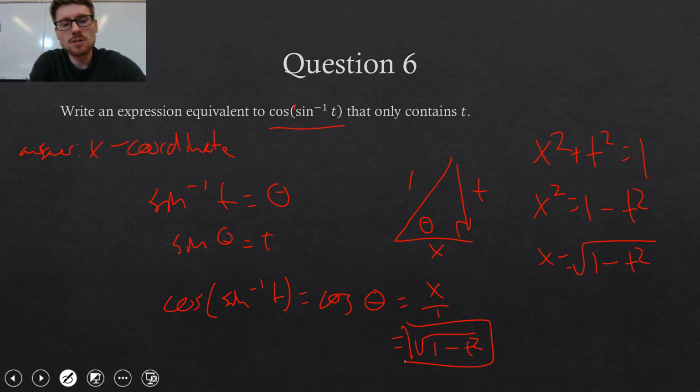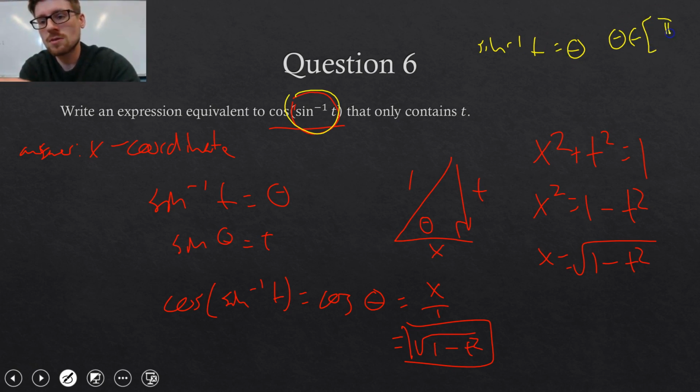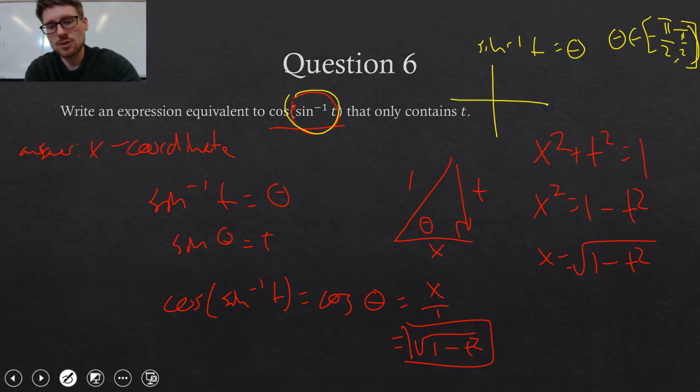Remember, sine inverse of t is an angle, and the angle is in the set from negative pi over 2 to pi over 2. So the only things we're plugging in to cosine in this example are angles in the right half. So angles over here.